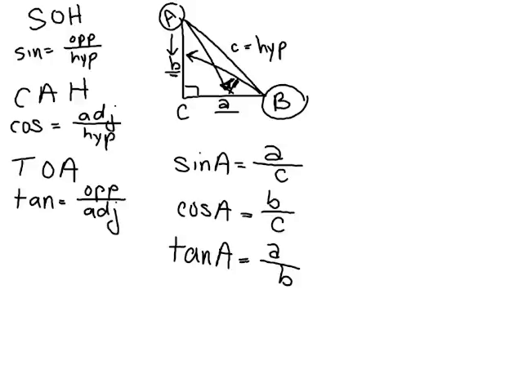And depending on which angle we use, helps us to determine which side lengths we want to use. So let's do a bunch of examples here. SohCahToa. Okay. There's our 3. You have to remember those.